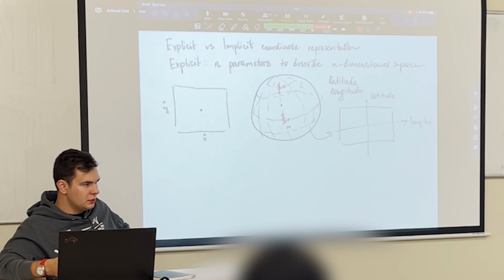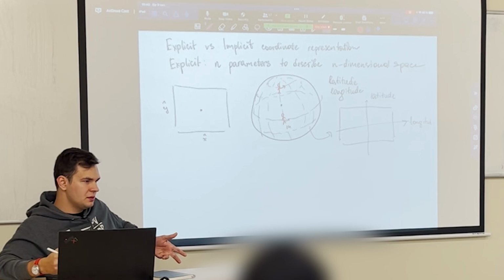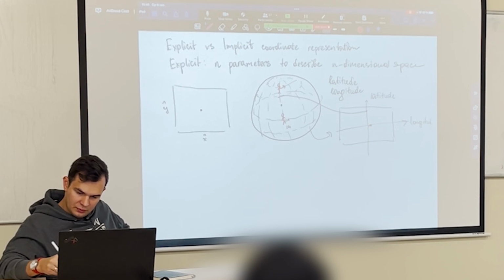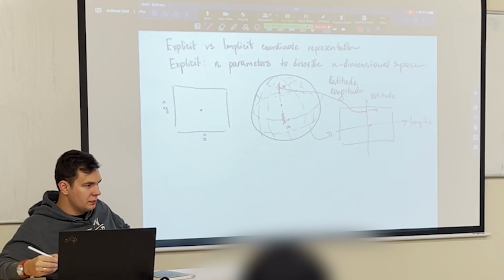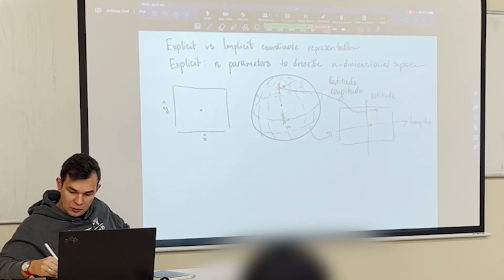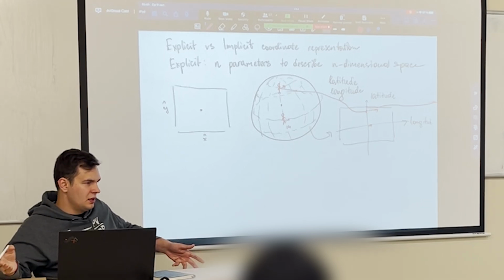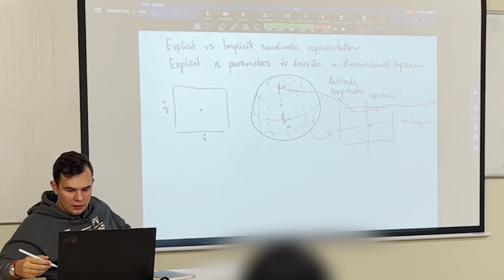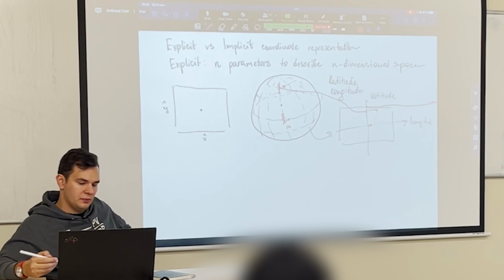In absolute values it is the same step, but in relative coordinates it will be different. Here the one step will be something like this, but here it will be something like this, and here just something like this. It's called singularity.